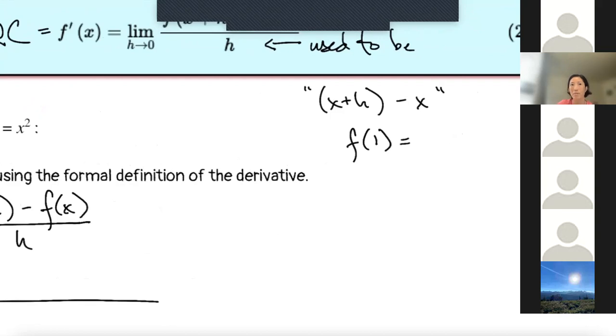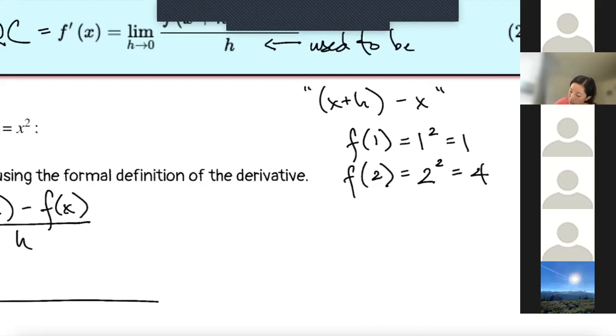I agree that it's 1, but how did we get 1? We did 1 squared and that got us 1, right? Okay. What about f of 2? We get 4 because it's 2 squared equals 4, right?